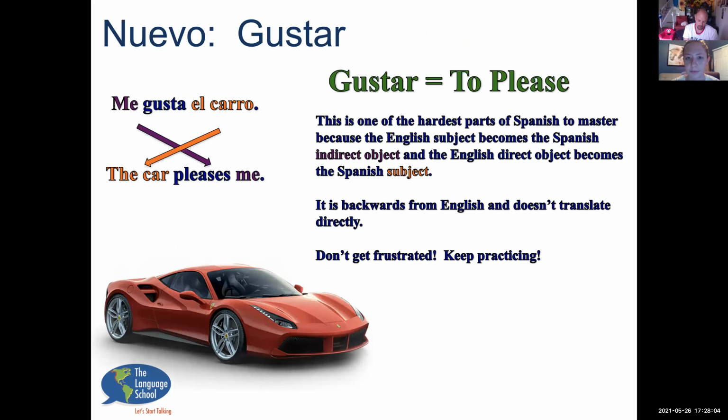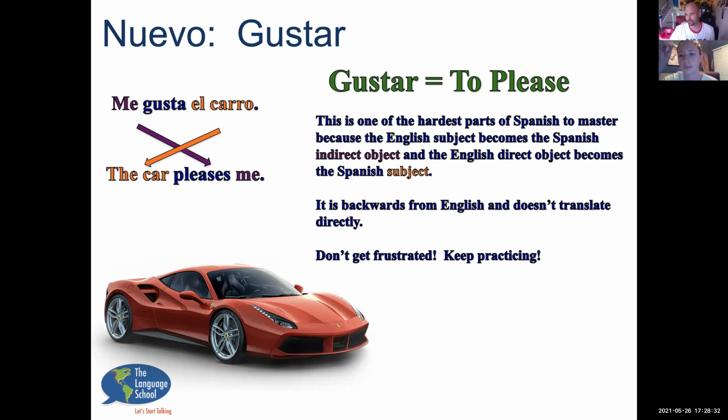All right. Since we've been working with this indirect object pronoun, it's a good time to bring up the fact that gustar, which everybody learns means to like, actually does not mean to like. It means to please. There's no verb equivalent for liking in Spanish, so you have to say that things please you.